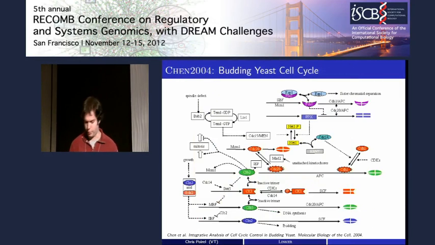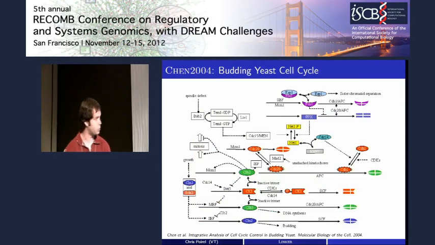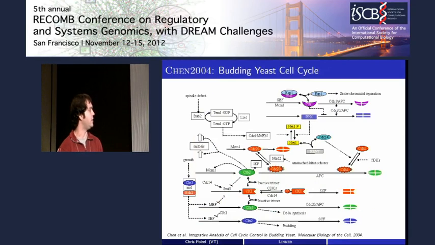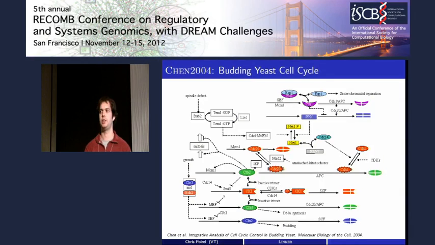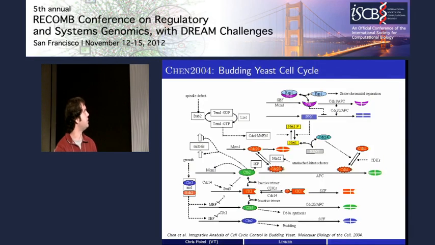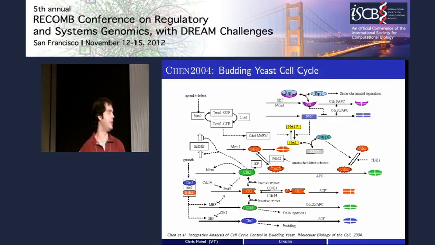So the bottom-up model that we're using in this work is the model of the yeast cell cycle developed by John Tyson's lab in the Department of Biological Sciences at Virginia Tech. I'll refer to this as the Chin 2004 model, or just Tyson's model. So what I'm showing you here is just the wiring diagram for this model.